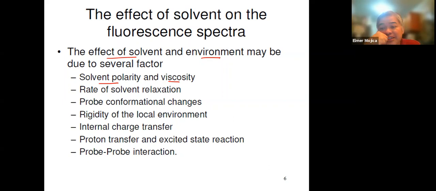How? Well, it depends on what? Saan nakaka-affect yung polarity? Anyone? Anong process sa fluorescence na pwedeng maapektuhan due to solvent polarity and viscosity? What's happening during the fluorescence spectra? There is excitation and emission. So sa tingin nyo, alin yung maapektuhan?